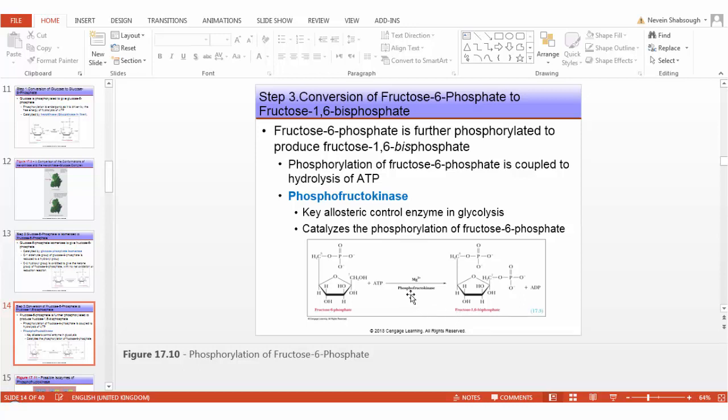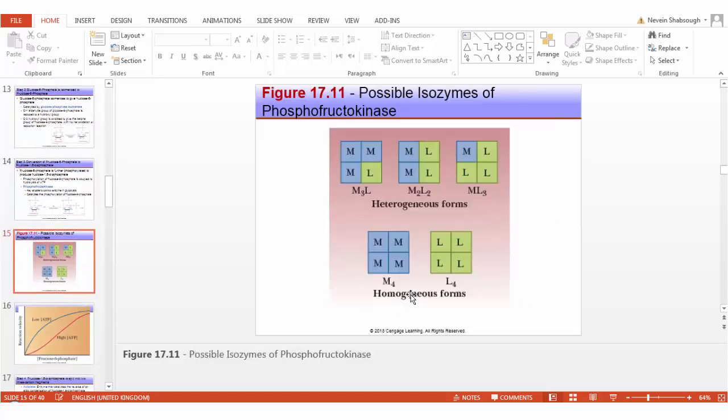This is an allosteric enzyme, and the product is called fructose 1,6-bisphosphate. Now the enzyme itself is a tetramer made of two types of subunits, M for muscle and L for liver. When we say M4 and L4, these are homogeneous forms, M4 in the muscle and L4 in the liver, and the heterogeneous forms are found in the blood.